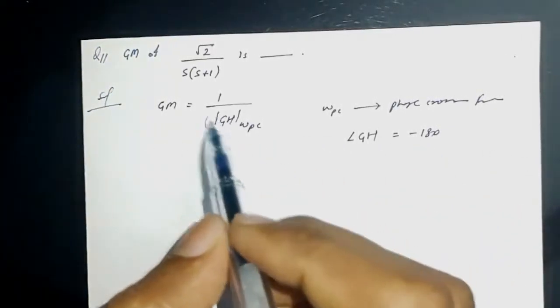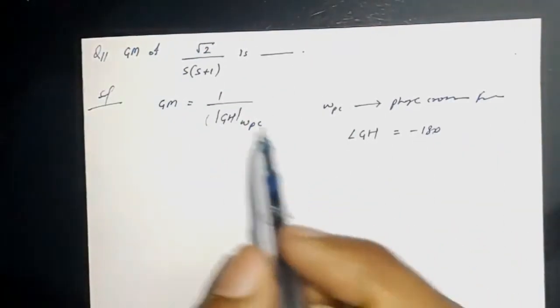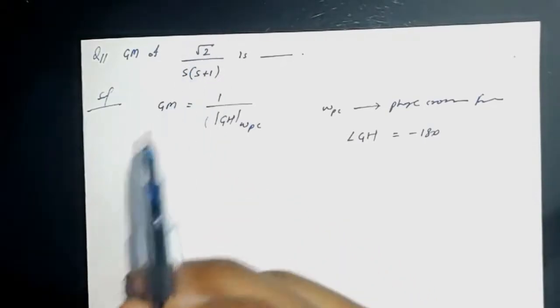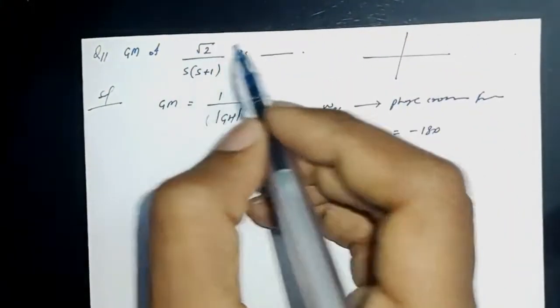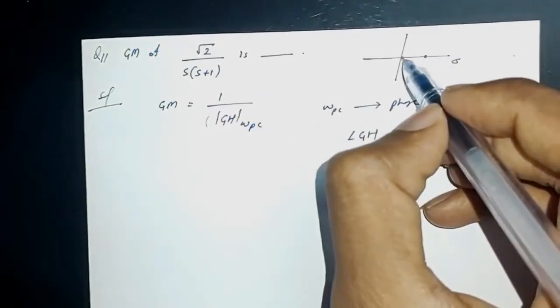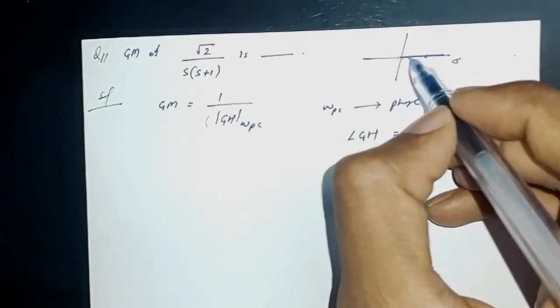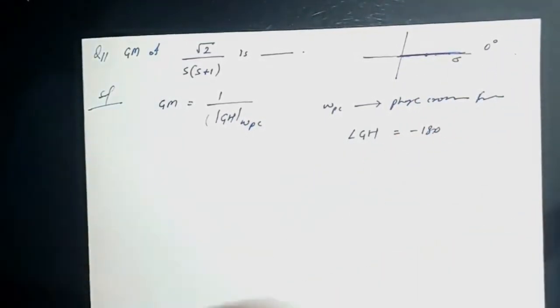So for that we have to get the phase of the system. In the numerator we have root 2, which is a real value and lies somewhere here. Any value lying on this axis is at 0 degree.